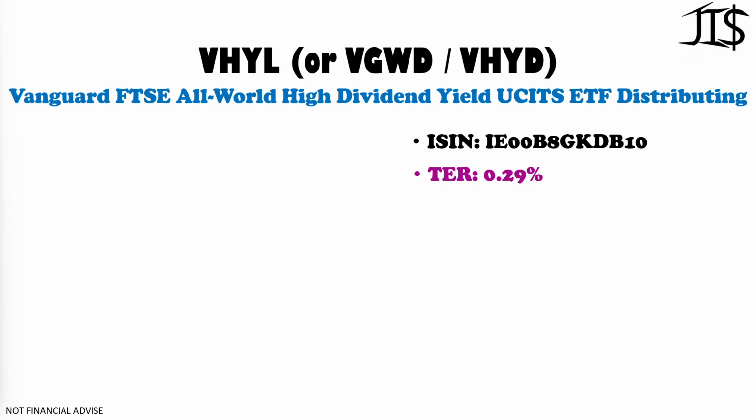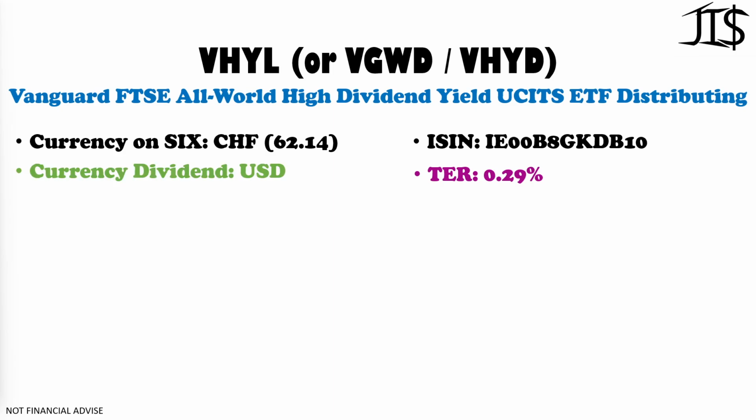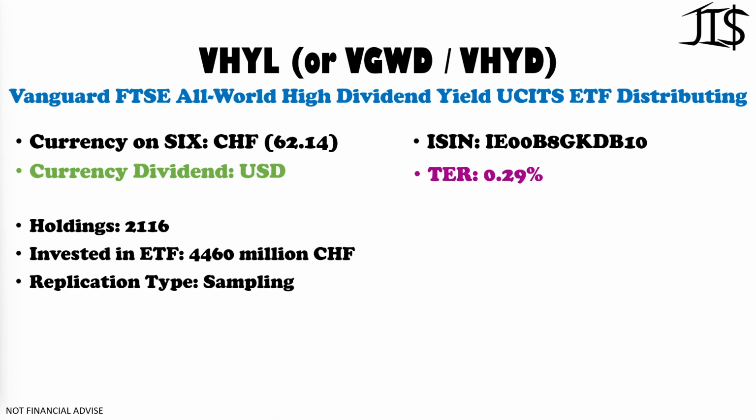The total expense ratio is on the higher hand with 0.29%, and you can buy one share now for 62.14 Swiss francs on the SIX stock market, and it pays out dividends in US dollar. There are 2,116 companies in this ETF, and there is almost 4.5 billion invested into this ETF.